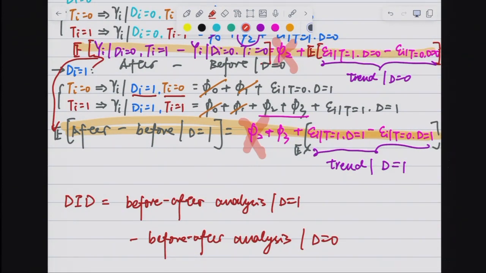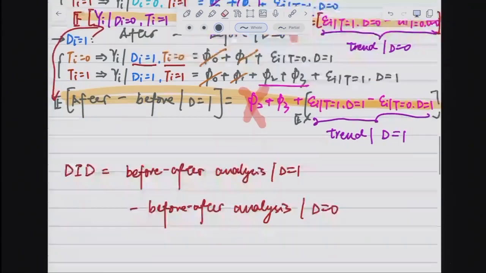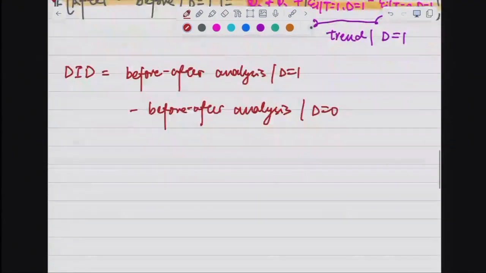Then if the trends in the epsilons were the same, we'll be able to recover the treatment effect. So that's why the common trend assumption is so important. Regardless of whether we're simply comparing group means, by comparing four group means, or whether we're looking at regression analysis, the same common trend assumption will help us identify the ATT.